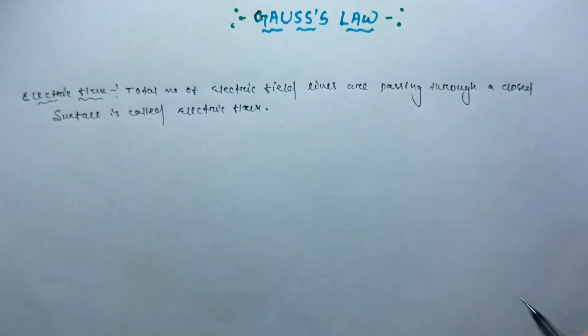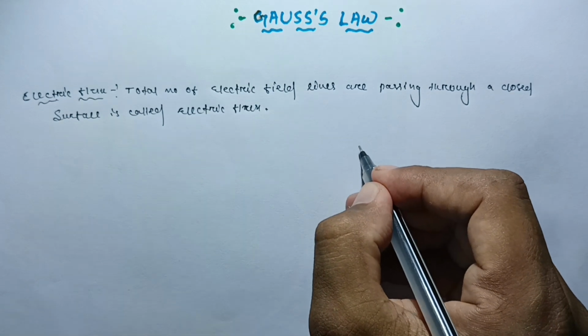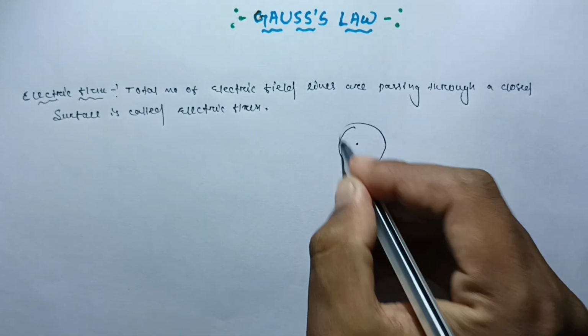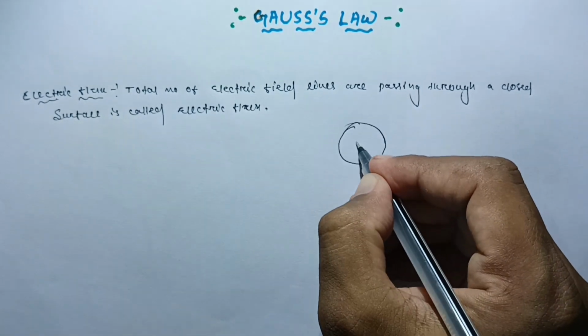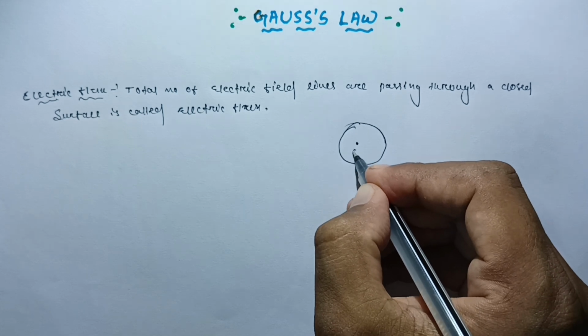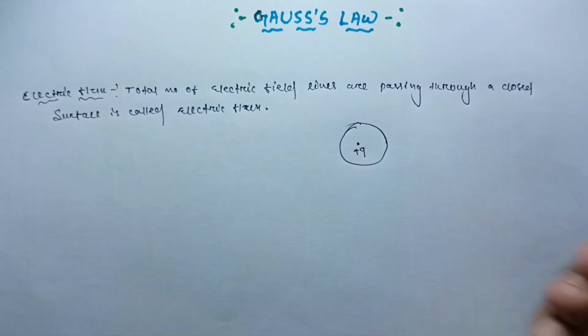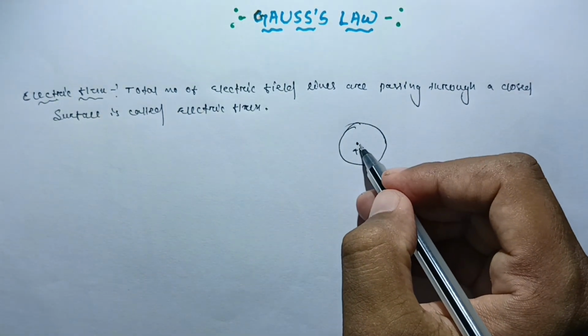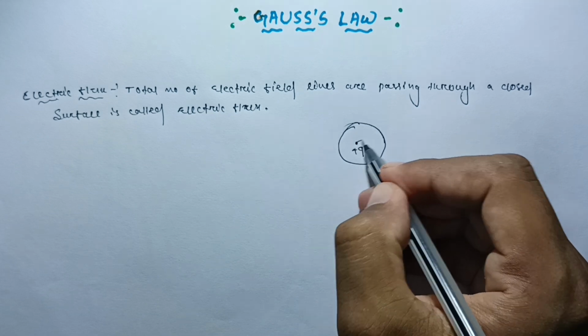Right? If there is a closed surface and the charge is, let's say, plus Q, right? So the electric field will be outward.